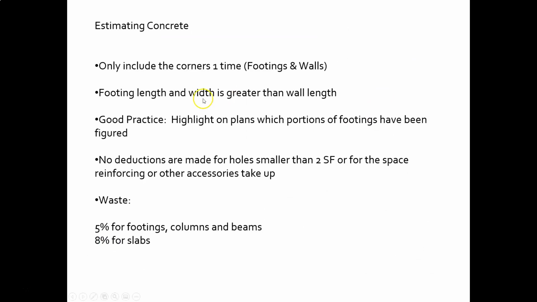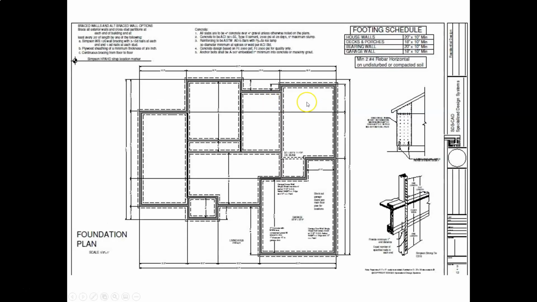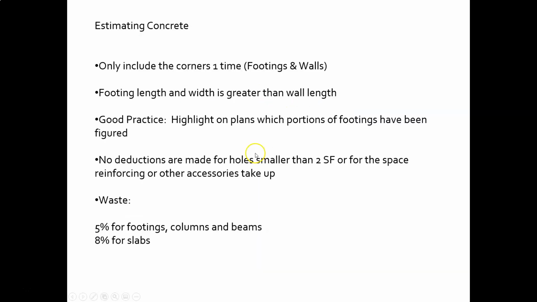Okay, estimating concrete. So only include the corner one time. We just talked about that. Footing length and width is greater than wall length. Okay, that reads a little strange, but that's just what I was saying, that the footings are wider. Good practice: highlight on plans which portions of the footings have been figured, counted for.